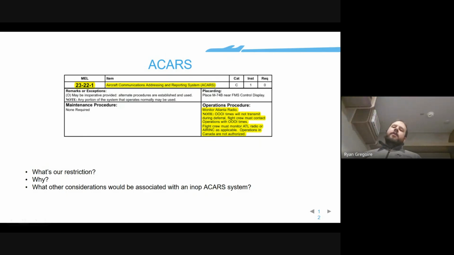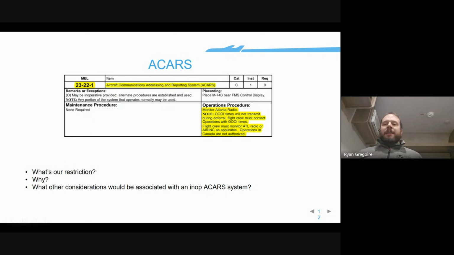So if the ACARS system was out, the crew would know that they need to be monitoring either Atlanta radio or ARINC radio. Those are the backup systems that we use in order to make voice calls to the crew.